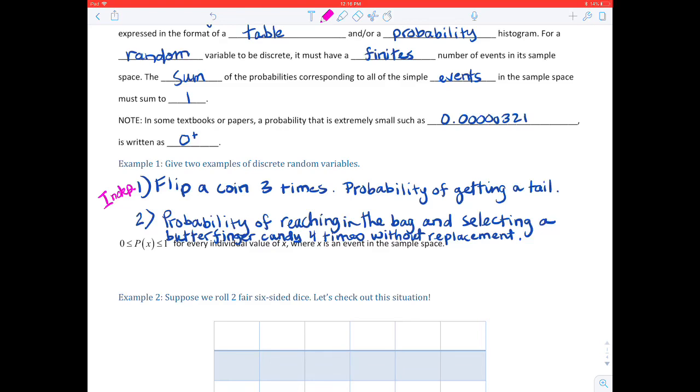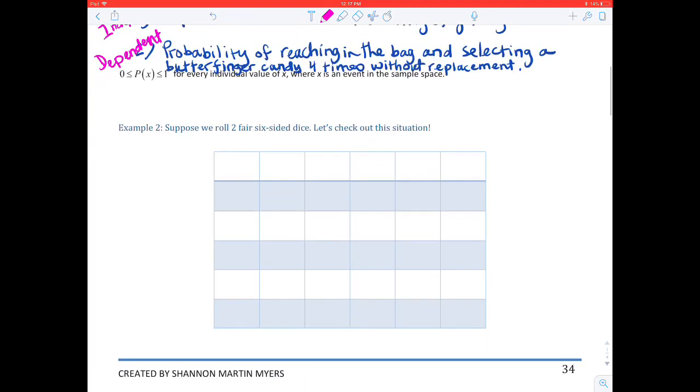But with reaching into the bag, selecting a candy and not replacing it is definitely dependent. It's going to change the probabilities. So this would be dependent. Okay? Very good. All right.